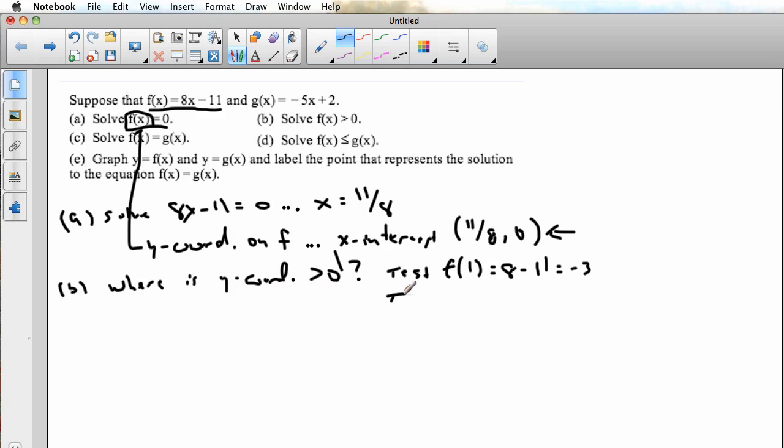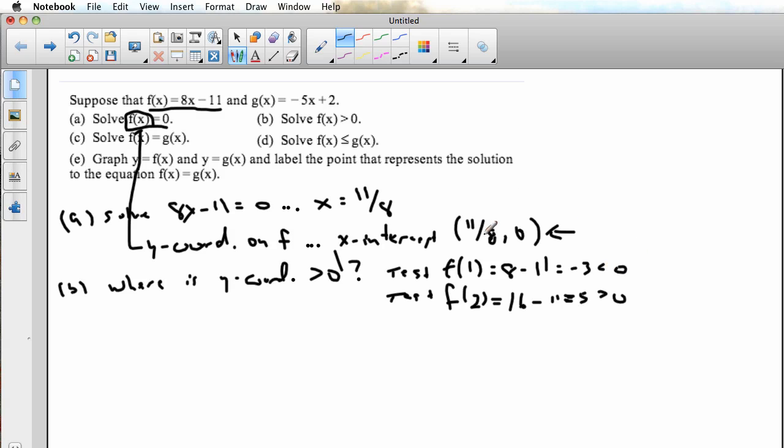Now I'll test something bigger than 11/8, like 2. f of 2 is 8 times 2, 16, minus 11 equals positive 5. So from my sampling, a number bigger than 11/8 for x gives me a y-coordinate that's positive, and an x-coordinate that's less than 11/8 gives me a y-coordinate that's negative.